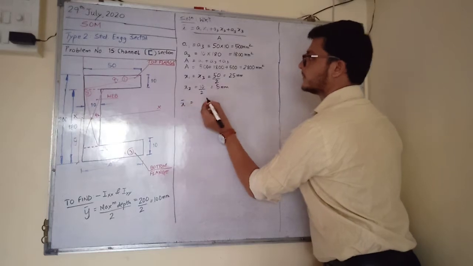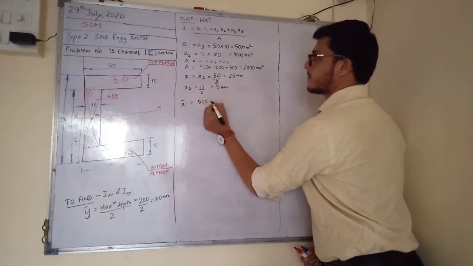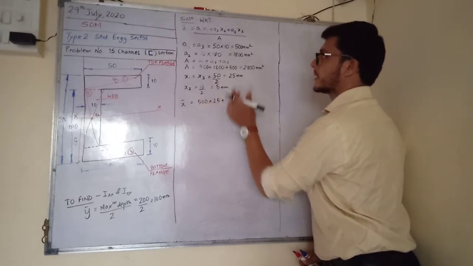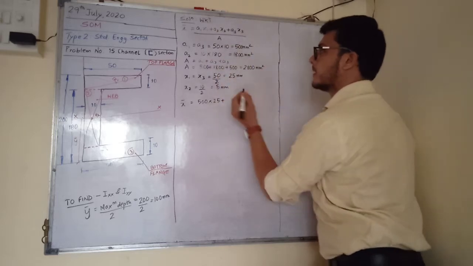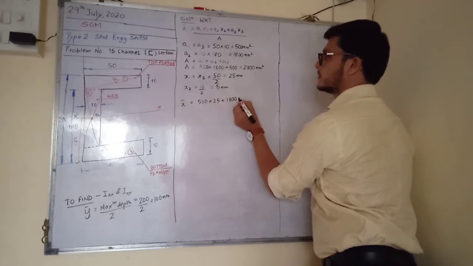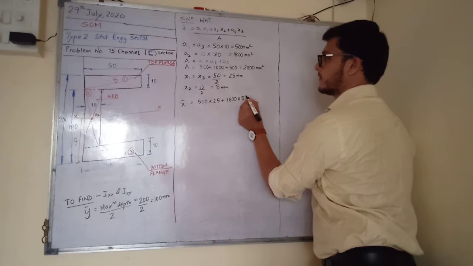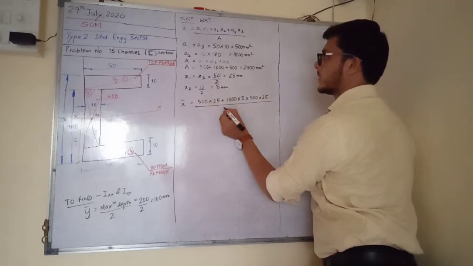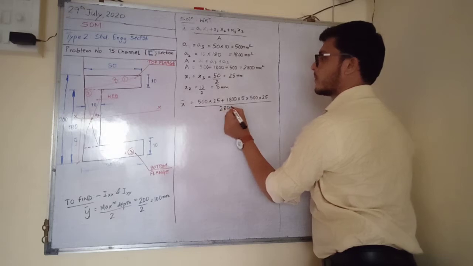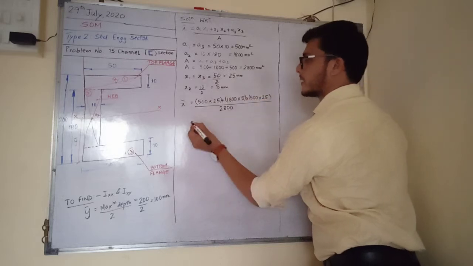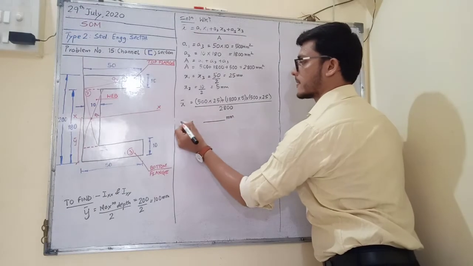So x bar is equal to A1 is 500, x1 is 25, plus A2 is 1800, x2 is 5, plus A3 is 500, x3 is 25, divided by the total area 2800. You can make it twice also to reduce the calculation because A1 x1 and A3 x3 are the same. These values need to be solved on a calculator to get x bar in millimeter.